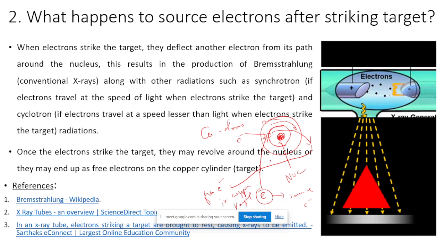Either that happens, or this source electron comes in, and after knocking, loses energy, and it also becomes a free electron along with the other electron.